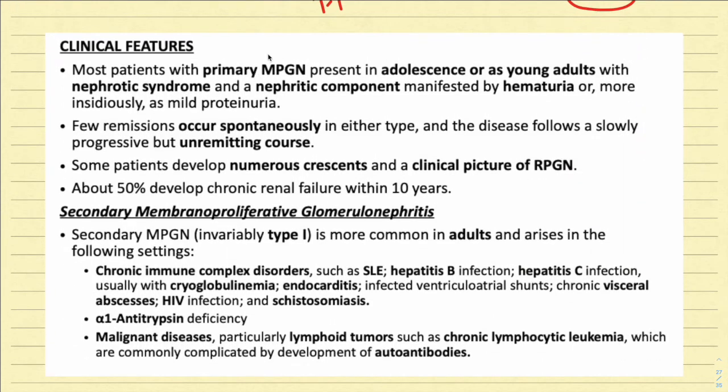Clinical features: most of the patients with primary MPGN present in adolescence or young adulthood with nephrotic syndrome, and there is a nephritic component also, manifested by hematuria or, more insidiously, as mild proteinuria. So remember my point: in MPGN, if you have to choose between nephrotic and nephritic, you will choose nephrotic syndrome only.